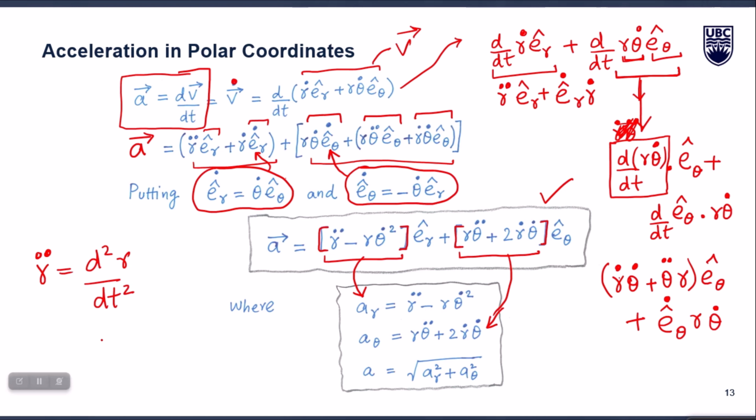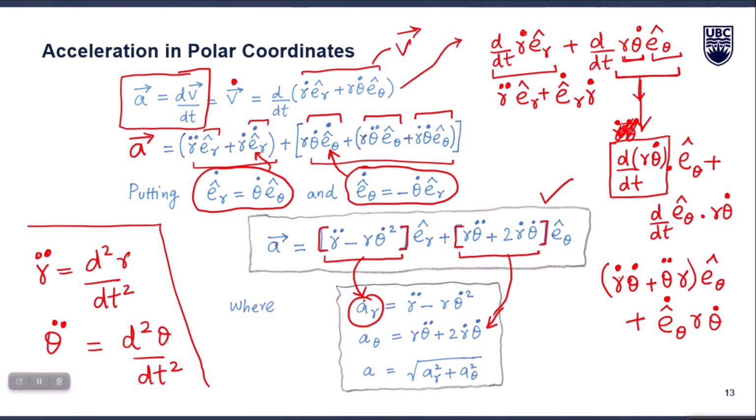Similarly, theta double dot is also appearing here, so we need the second rate of change of theta, d2 theta by dt square, right? One more thing you must think about at this stage is that you need r and theta as functions of time if you want to determine their first and second derivatives, right? So not only do you need r dot and theta dot, you also need their second derivatives to calculate the r and theta components of acceleration, right?